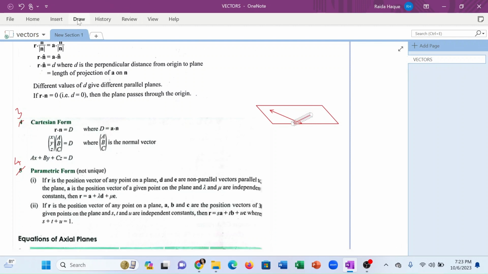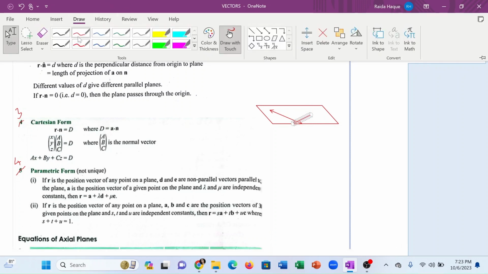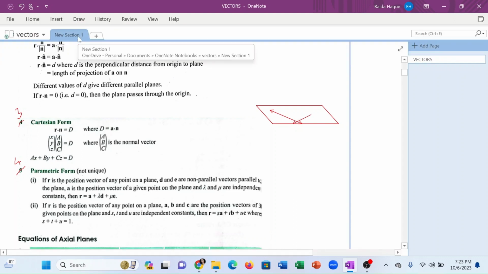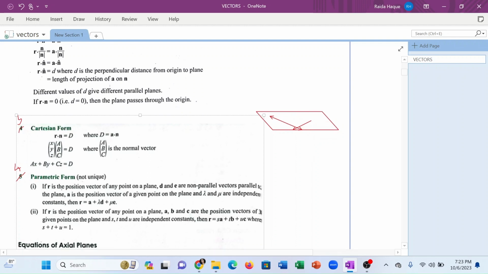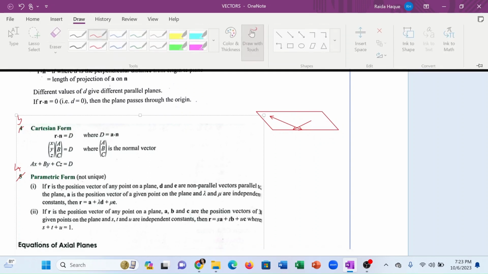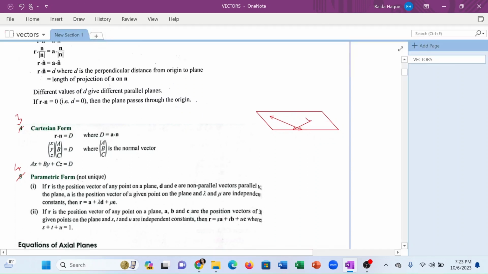Let me fix it. Okay, so now, as you can clearly see, these two lines are not parallel. They are intersecting. But since they are all contained within the plane, they are parallel to the plane.